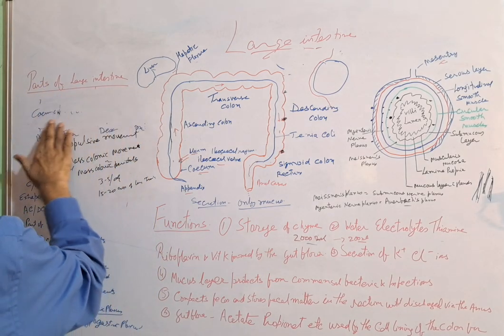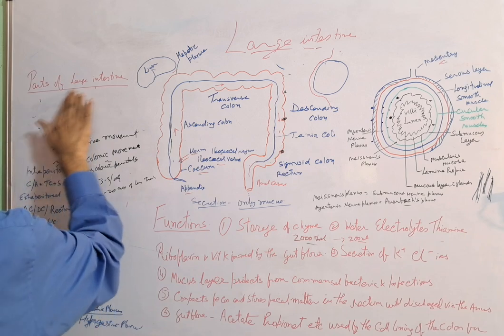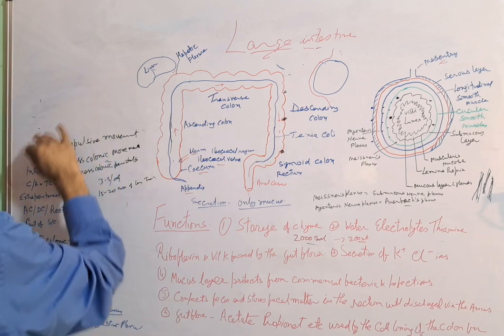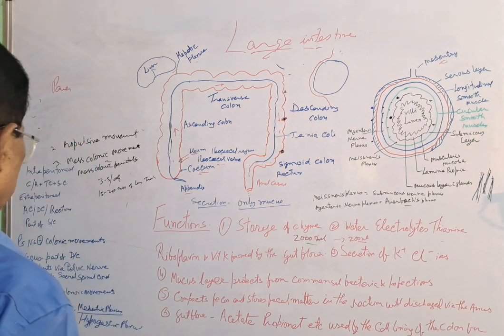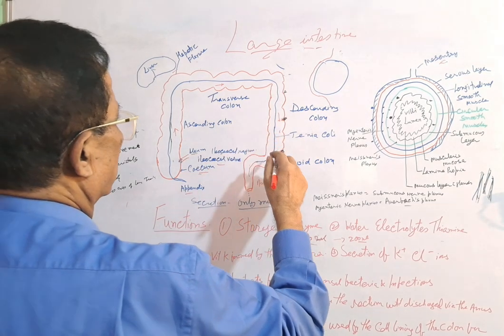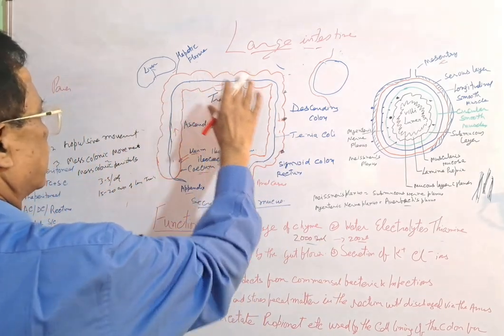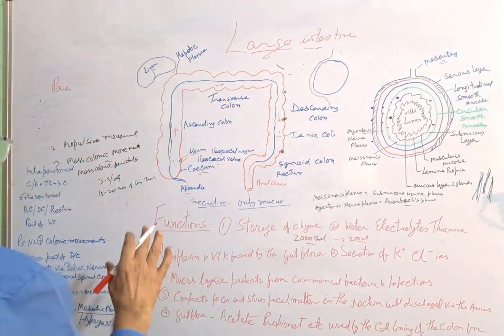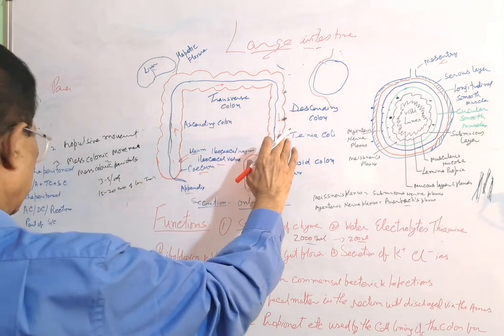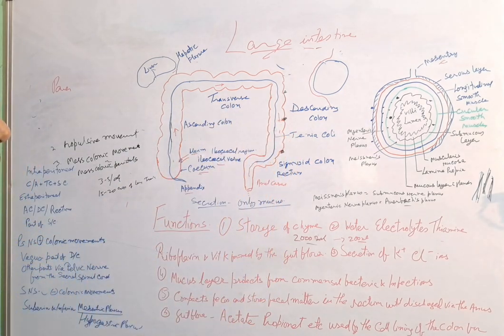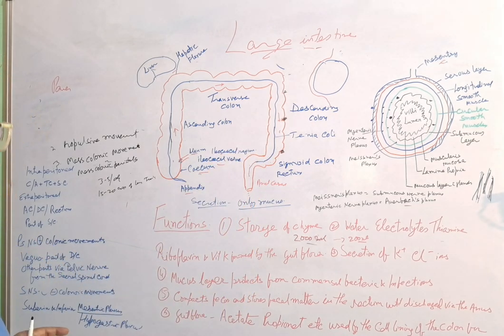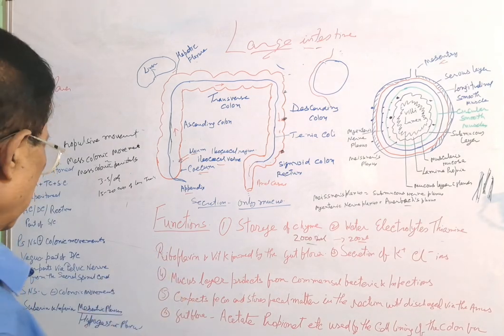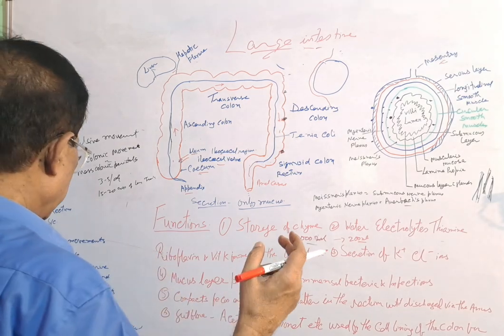The large intestine is supplied by number 1, parasympathetic, and number 2, sympathetic nerves. Parasympathetic supply up to part of the descending colon is from the vagus nerve, and the remaining parts are supplied by the pelvic nerve from the sacral spinal cord.